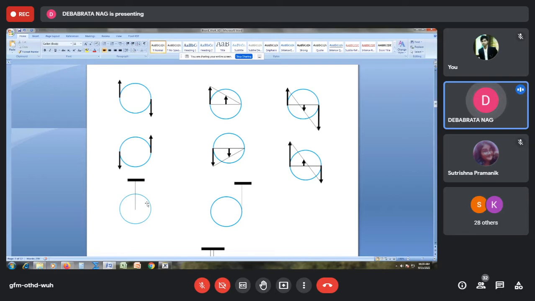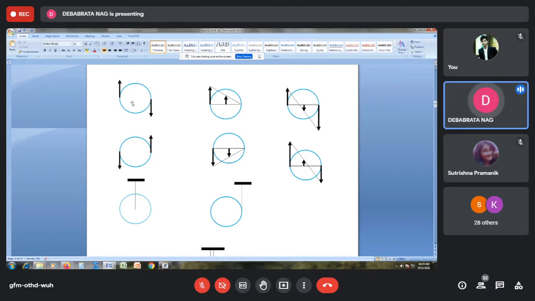In that case we will find that this end of the string is going in the upward direction, and this end of the string is going in the downward direction. Both these magnitudes are equal and opposite because your pulley is rotating about the center. So if I call the angular velocity of this pulley omega, then this velocity is omega into r, this is also omega into r.